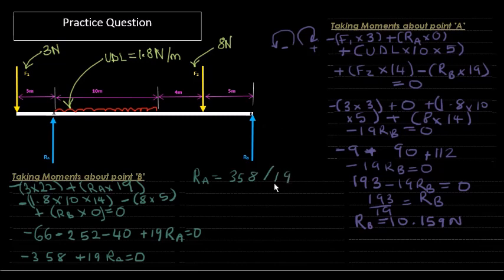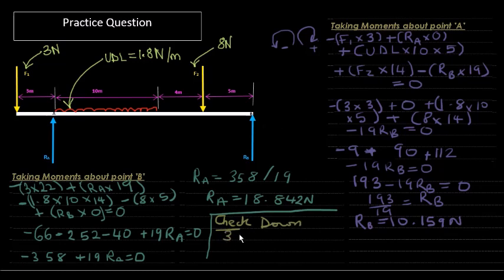At this point, it's no longer mechanical principles, it is just maths. We are just doing a linear equation, moving the number to the other side to make it positive, and we now make RA the subject of that equation. RA is 18.842 newtons, which you can find on your calculator by dividing 358 by 19.